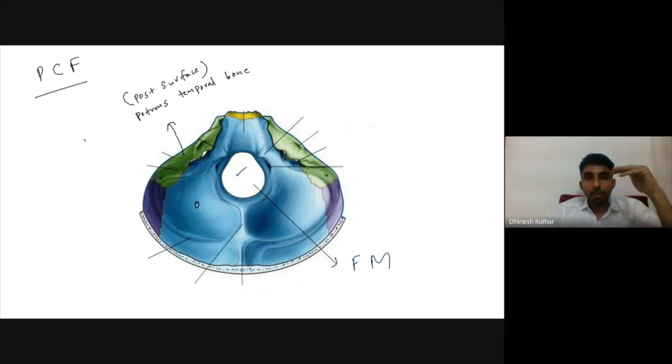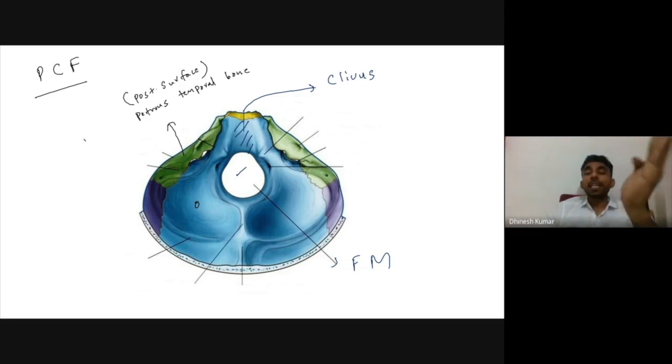Do you see the sloping surface? This one is called as clivus. Clivus is the sloping surface just in front of foramen magnum. Fine. And on either side of the foramen magnum, do you see two openings? What are these two openings called as? Yes, hypoglossal canal. Hypoglossal canal, isn't it?